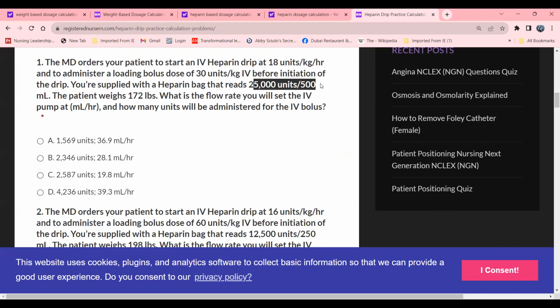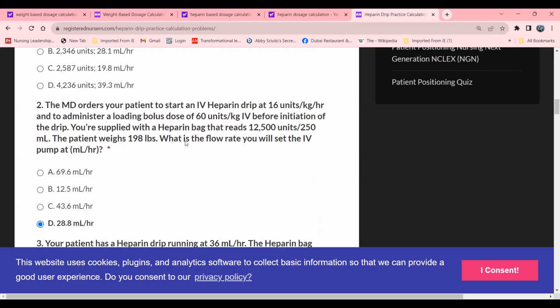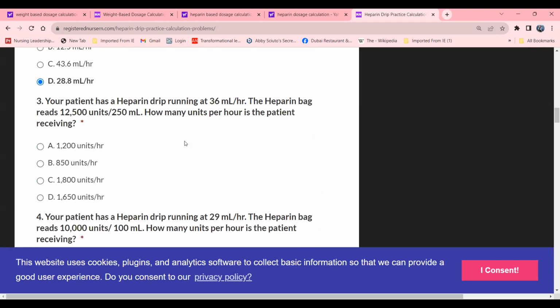So a lot of times what they'll do is they'll round the weight. And so sometimes that's why the answer might be off by a point or two if you're doing it on here versus what you're doing at the school. If I want you to round by the weight, we would tell you that. Okay, but not everybody does it that way, and that could be based on what your hospital facility policy is or something else.